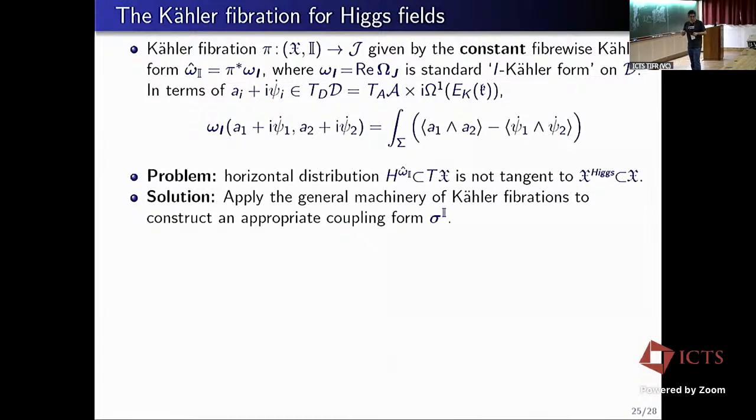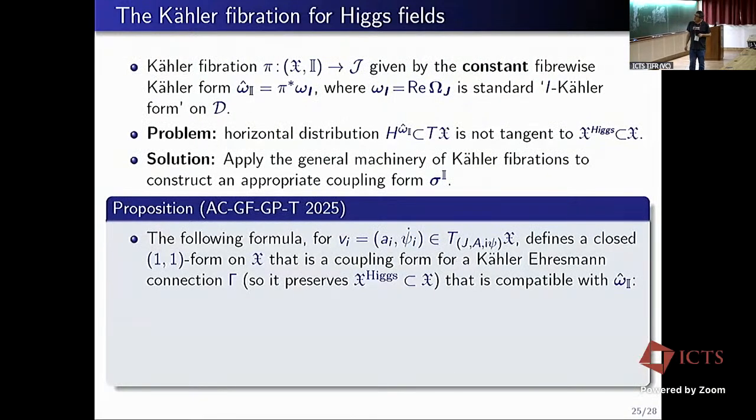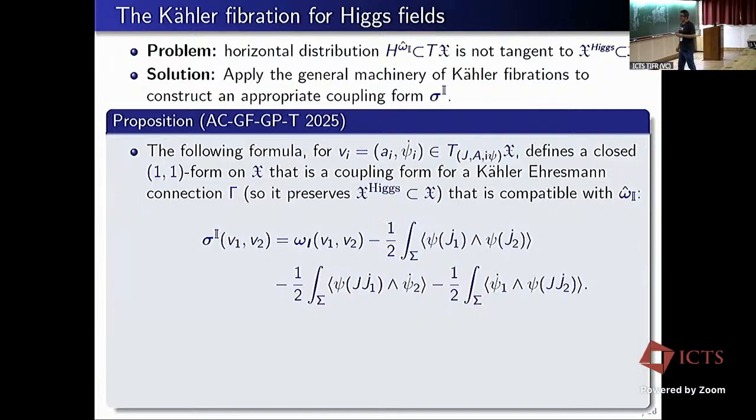Okay, so we apply some machinery from the book by Guillemin, Lerman and Sternberg, and we managed to obtain a closed 1-1 form on the total space that restricts to the symplectic forms we wanted on the fibers. Okay, that preserves this space where the Higgs field is holomorphic. And it's given by this explicit formula.